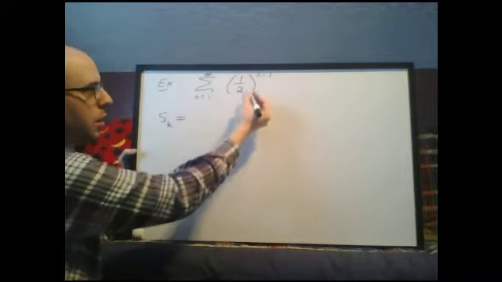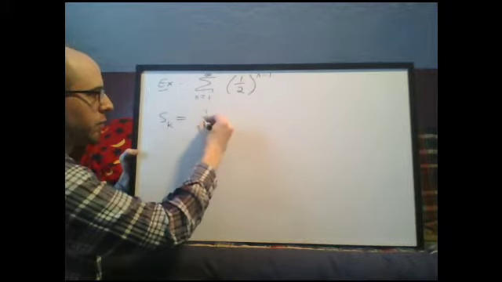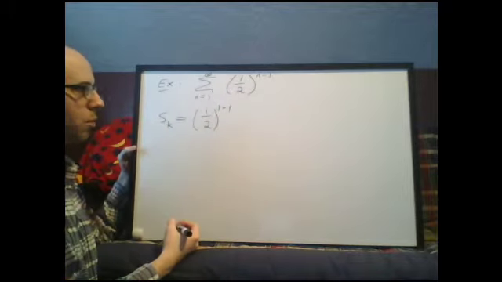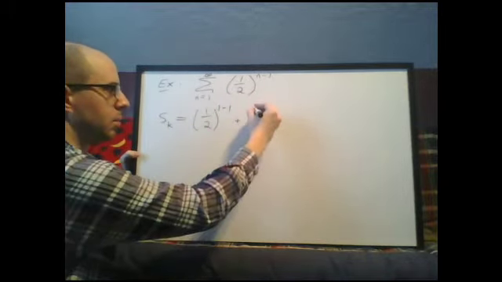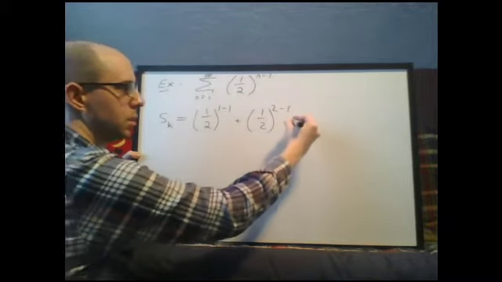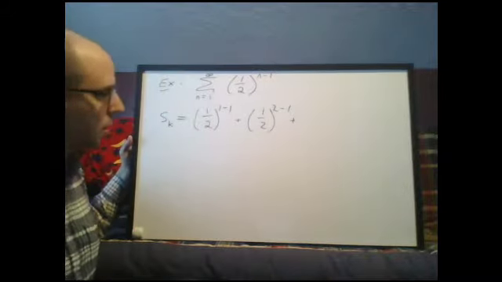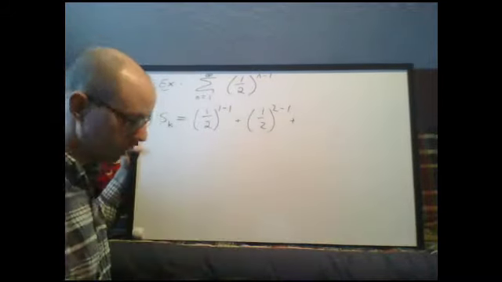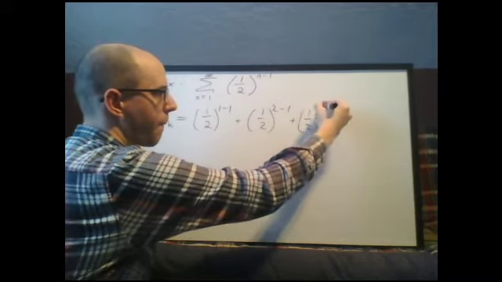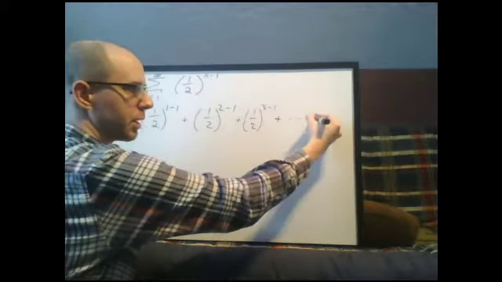When n is 1, I get 1/2 to the 1 minus 1, I'll simplify this after I write it the first time, plus 1/2 to the 2 minus 1, and so on. Let me put one more: plus 1/2 to the 3 minus 1, and so on until we get to 1/2 to the k minus 1.